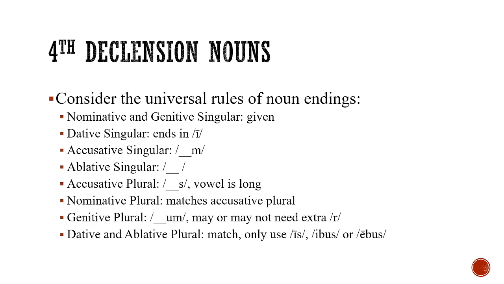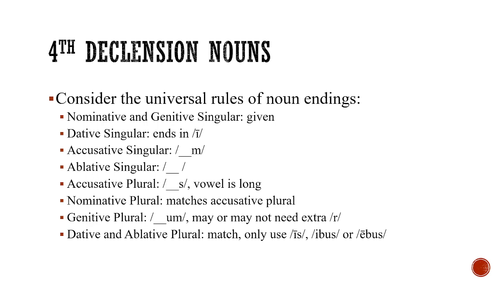And then the dative and ablative plural will match, and they'll use one of these endings: is, ibus, or abus. Typically, once you've used an ending twice, then you move on to the next one. So we've used is twice in the first and the second declensions, and we've only used ibus once in the third declension. So we're still due to use ibus one more time.